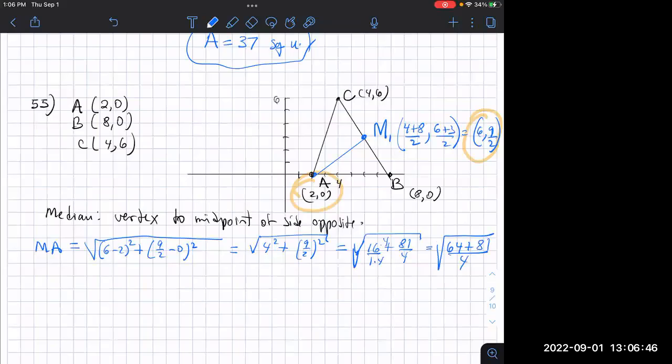Is that right? 145, but the square root of 4 is 2. So it's square root of 145 over 2. Then we try to simplify. That's 5 going into 145. 5 times 2 is 10. 5 times 9 is 45. So it's 5 times 29. So that's it. MA is square root of 145 over 2.